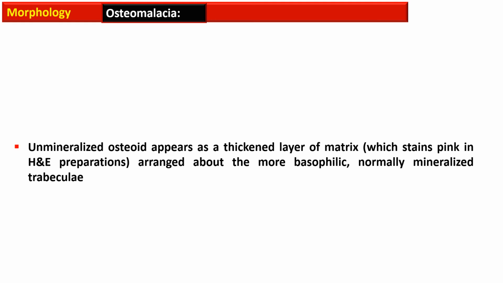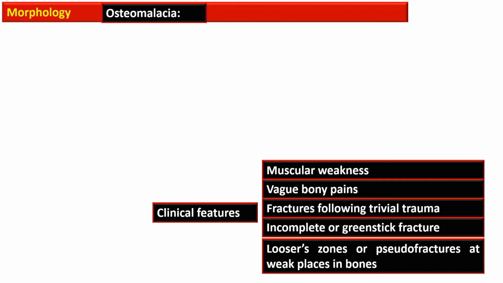The unmineralized osteoid appears as a thickened layer of matrix that stains pink in H&E stain and is arranged about the more basophilic normally mineralized trabeculae. The clinical features of osteomalacia are vague bony pains, muscular weakness, fracture following minor trauma, incomplete or greenstick fracture, and Looser zones or pseudofractures at weak places in bone.